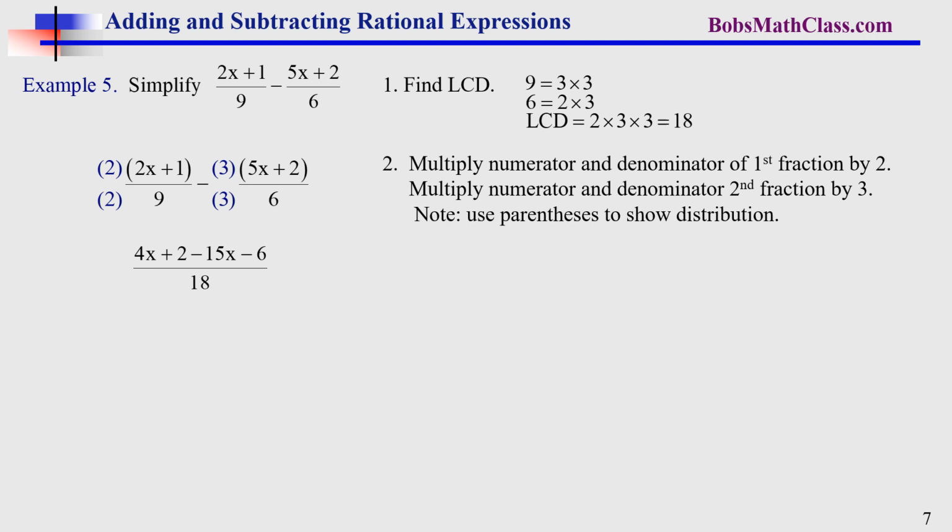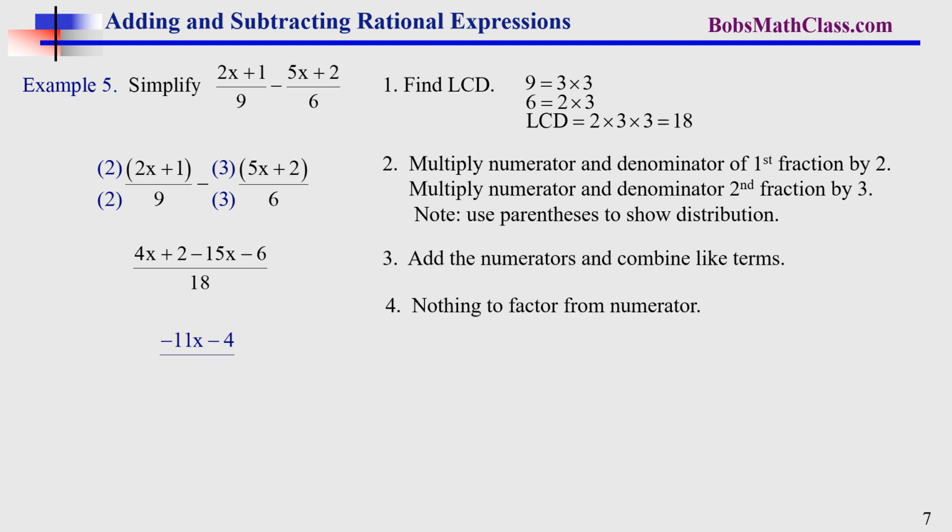It's not a 3, it's a negative 3 because there's a negative sign. If that was a plus sign in the middle, then it would be a positive 3. Okay, add like terms, that'll give you negative 11x minus 4. And there's nothing to factor from the numerator, so then we're all done.